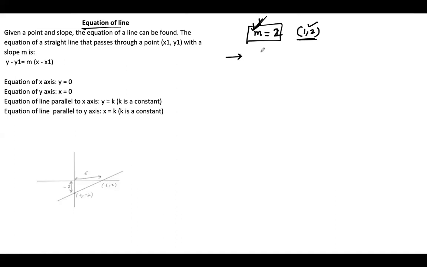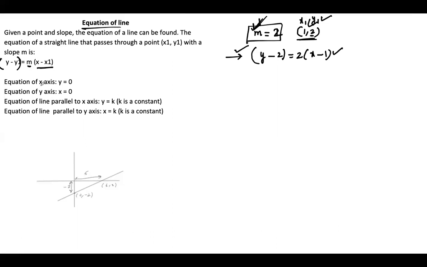I'll write y minus the point. See, this is x1 and this is y1. So y minus y1 is equal to slope times x minus x1. Solving it will give you the answer.